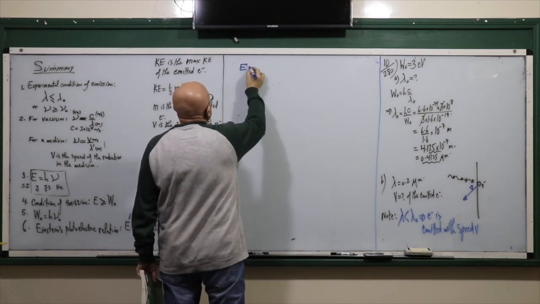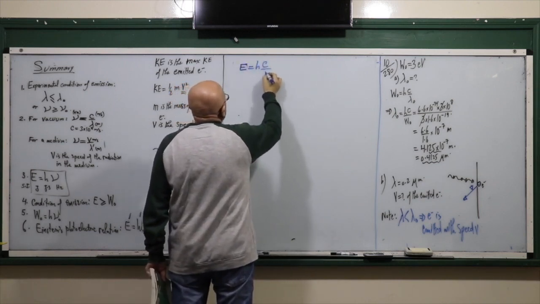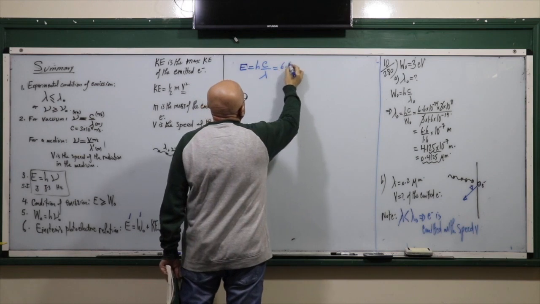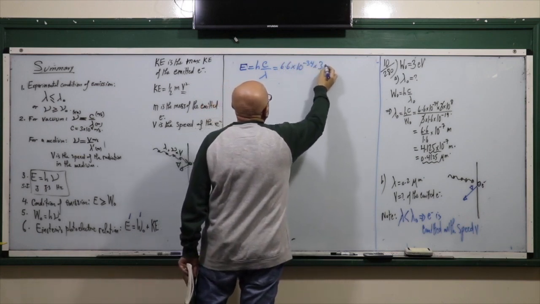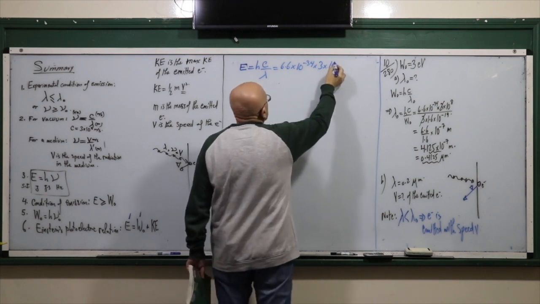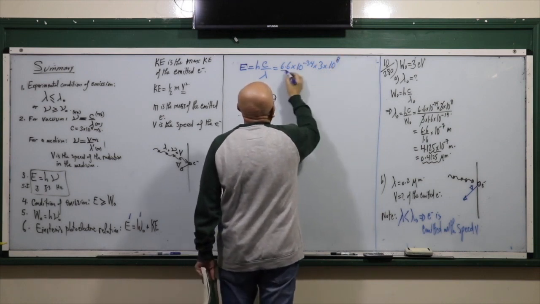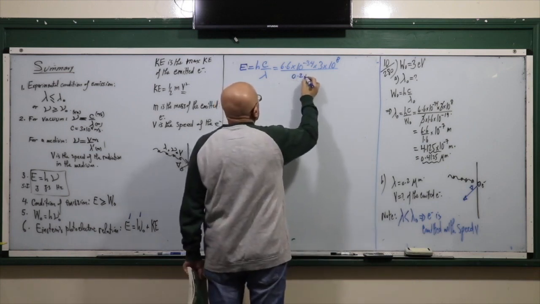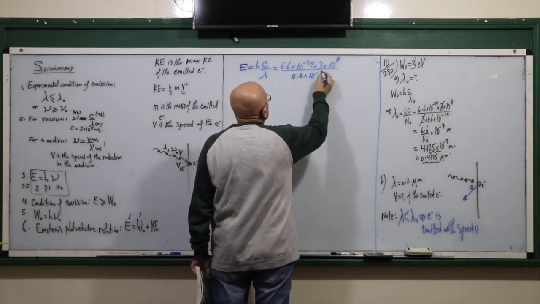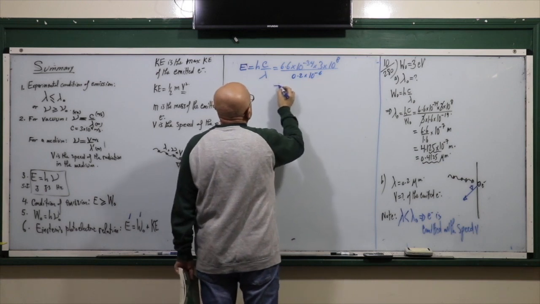So the energy E is equal to hc over lambda: 6.6 times 10 power minus 34 times 3 times 10 power 8 over lambda, which is 0.2 times 10 power minus 6.